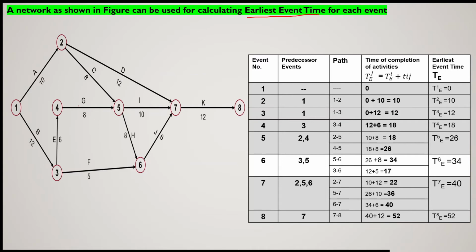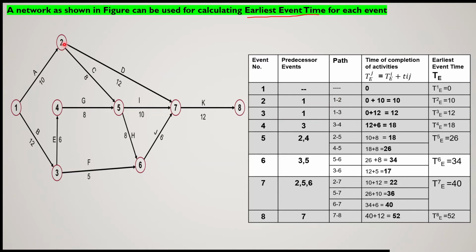Now if you see event number 2, its predecessor event is event number 1. There is no other activity entering into event number 2, so event number 2 has only one predecessor event, 1, and they are connected with only one activity, activity 1, 2.